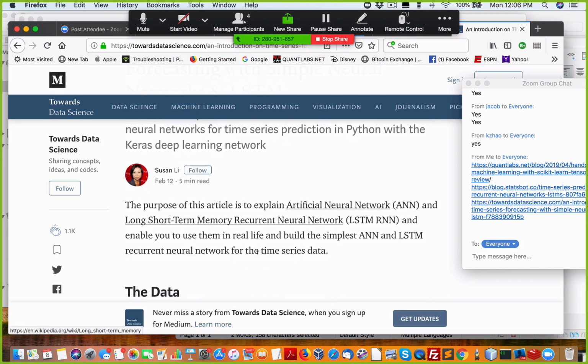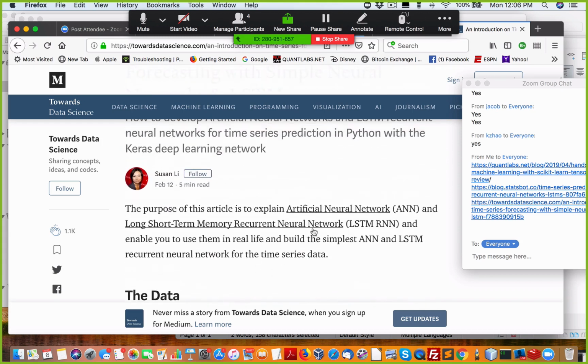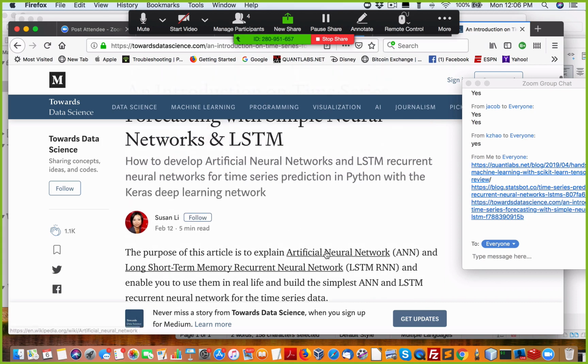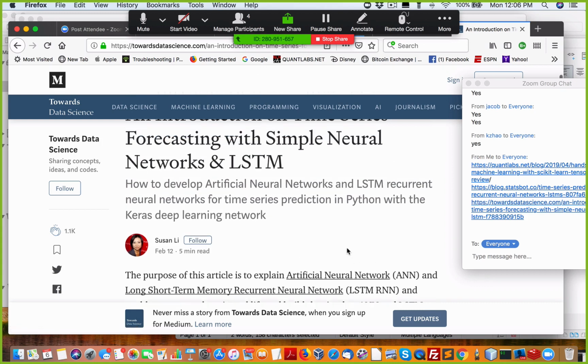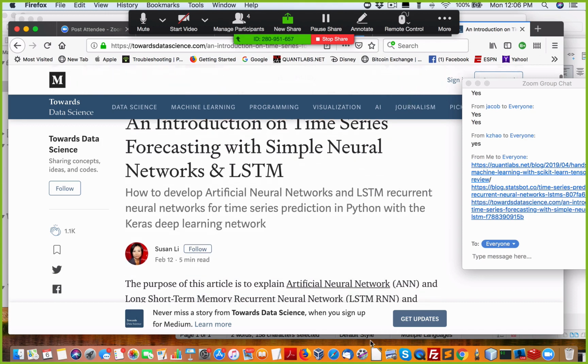So this one revolves around volatility on VIX. Again, as I mentioned, long short-term memory, recurrent neural network is very, very popular. Another one is artificial neural network as well that you can look into. And again, that book I gave you will cover all that as well.